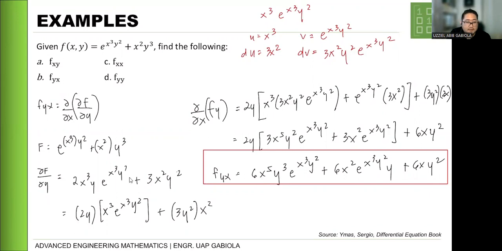Here, we factor out 2y. Y squared. It should be in terms of x. Okay. Wait lang.